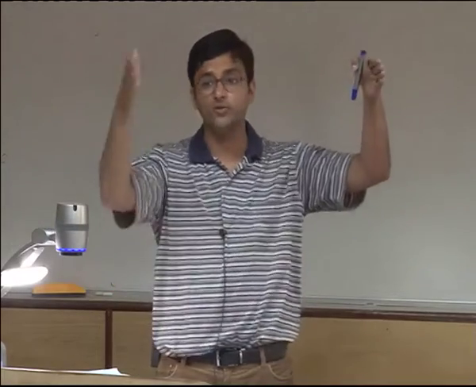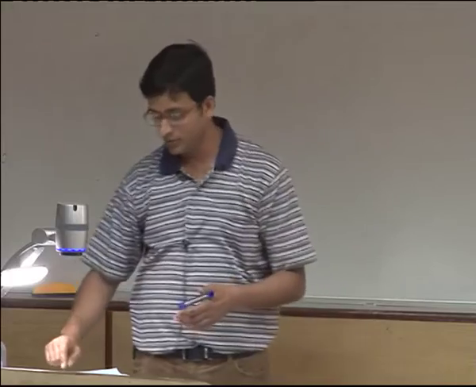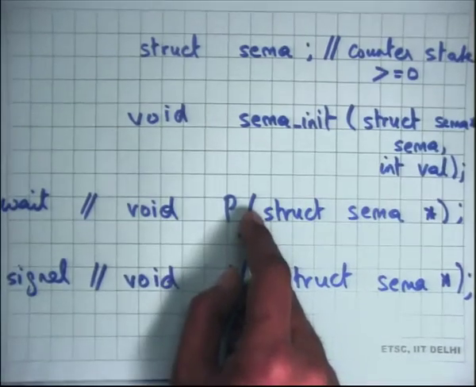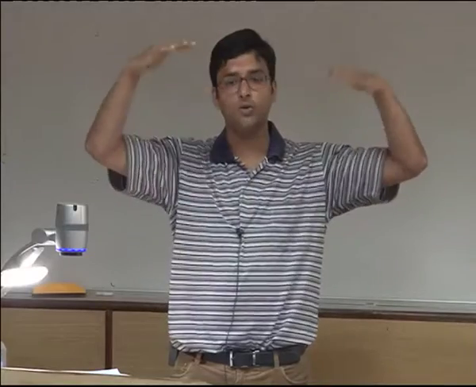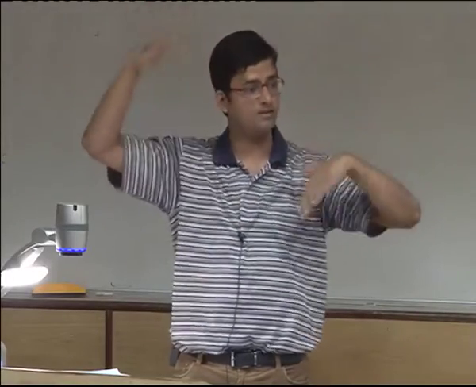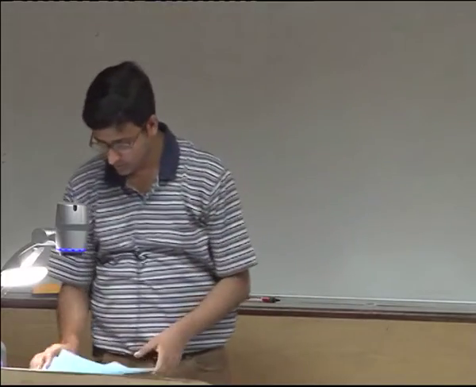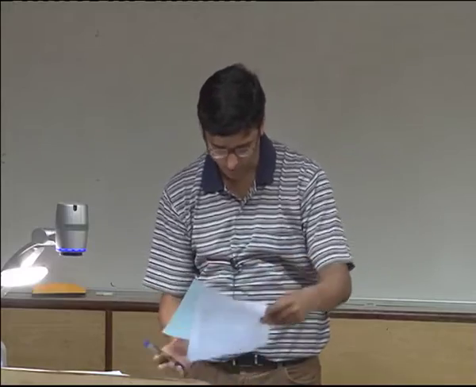So if a notify occurred before wait, they don't match up. On the other hand, with a semaphore, if a V occurs before P, then it's okay, because V would have incremented, and so P won't have to wait. So in that sense, because of the state, they don't need to happen together. They can happen at different points of time. This may become more clear when I talk about some example uses of semaphores.